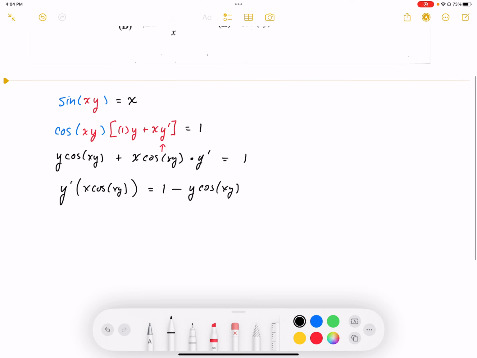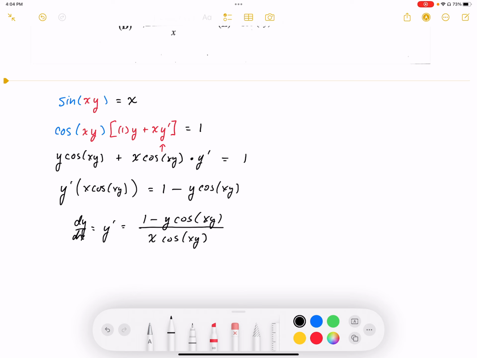And then solving for the y prime, which is dy by dx, and there's my derivative: 1 minus y cosine xy over x cosine xy. Okay, so there it is.